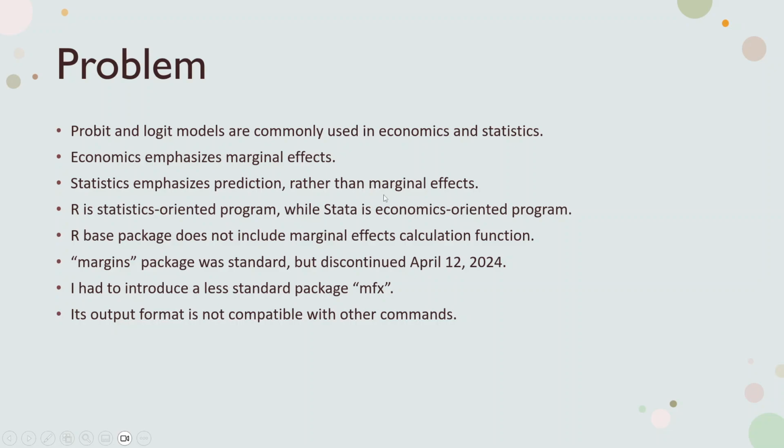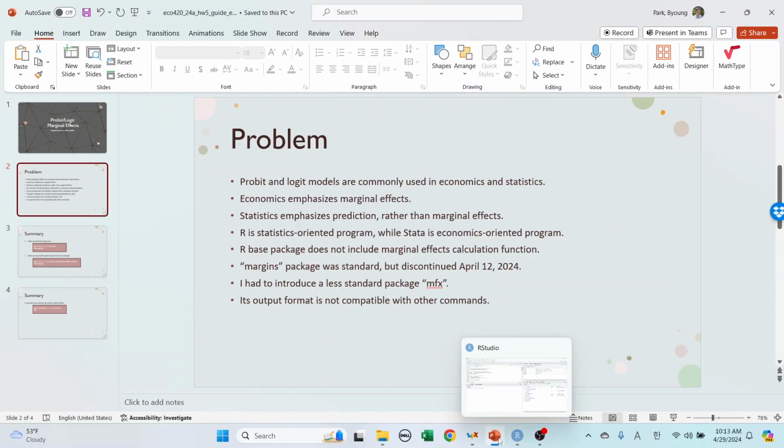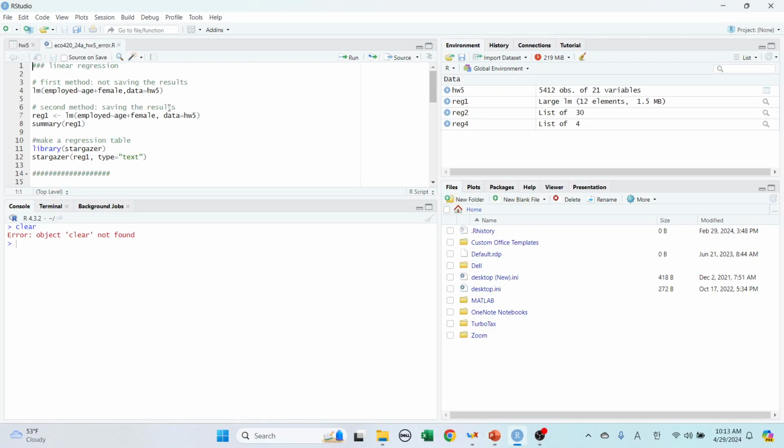Let me explain what happened, directly in R. I loaded the data already. Let me start from the regression format. Just think about how to implement regression in R. First, there are two different methods. One is not saving, but just directly showing the result.